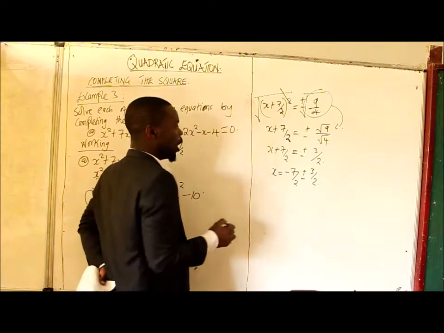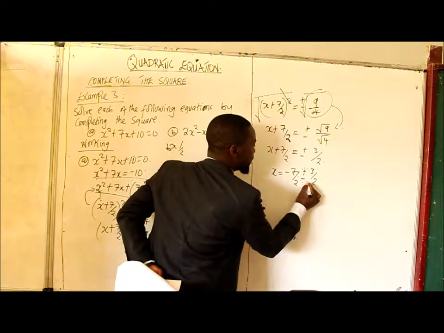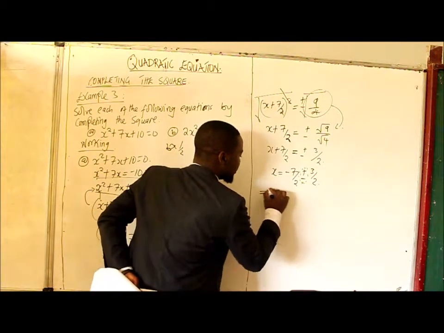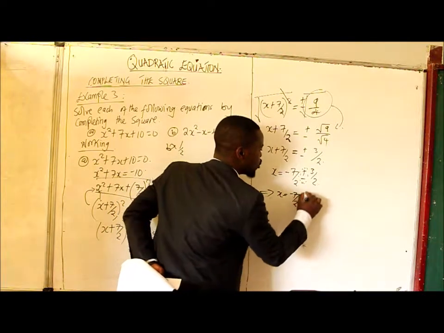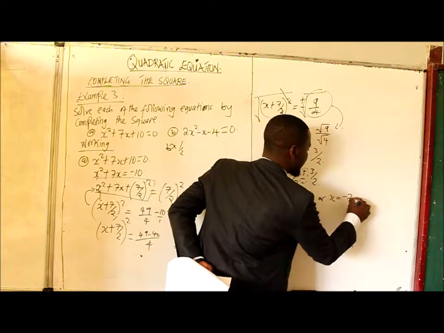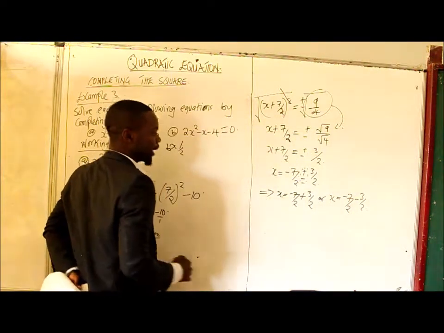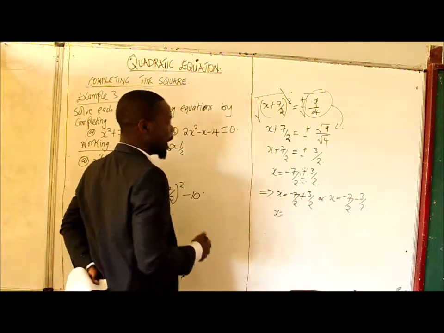Alright, so after you have done this, try to separate the positive or negative. So this implies that you're going to have x is equal to negative 7 over 2 plus 3 over 2, or x is equal to negative 7 over 2 minus 3 over 2, like this. Okay? This is a fraction now, it's a matter of simplifying.